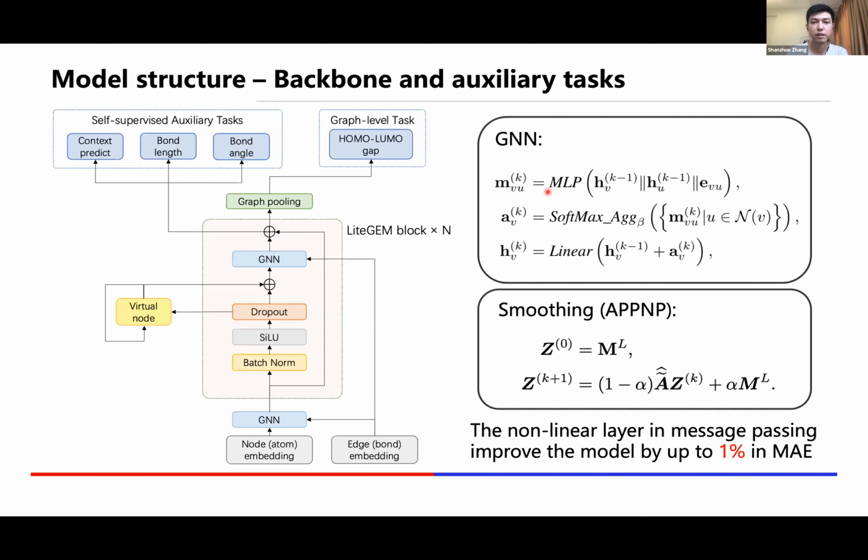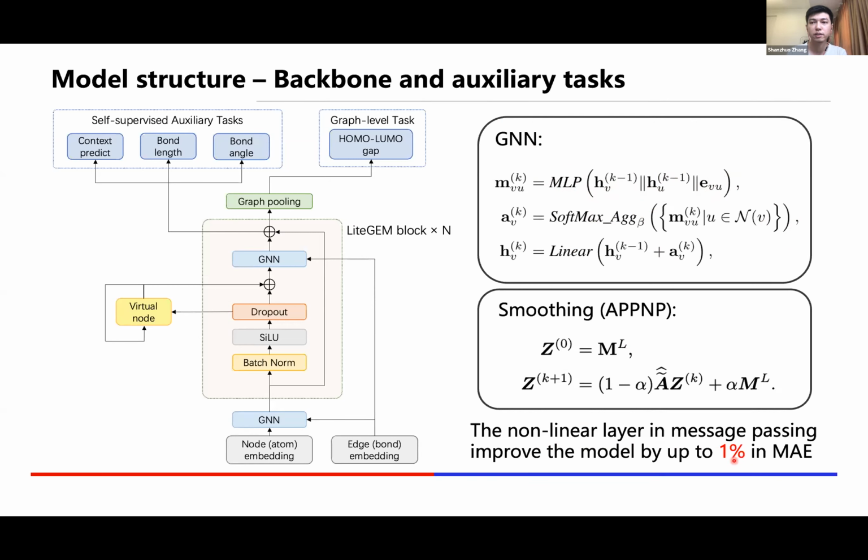We concatenate all three features from the source node, destination node, and the edge feature between them, and go through an MLP. And this non-linear layer in the message passing procedure improved the model by up to 1% in MAE. This is quite a significant improvement. We also tried a smoothing technique, also known as APPNP, and got a slight improvement.